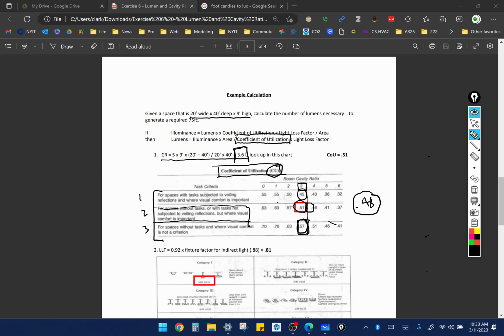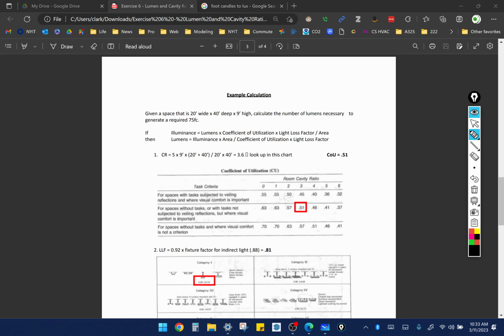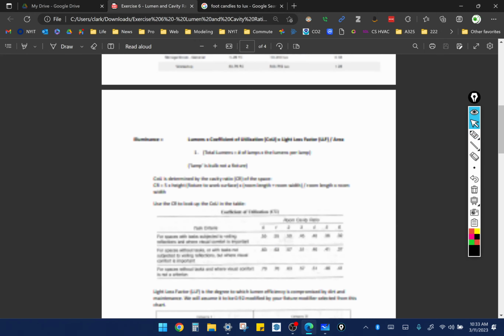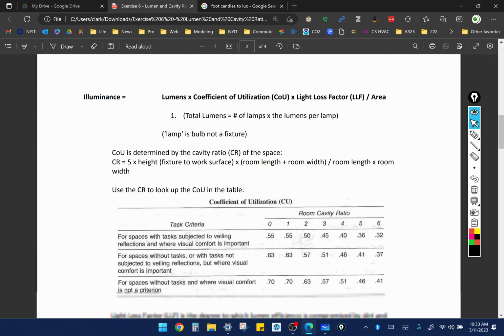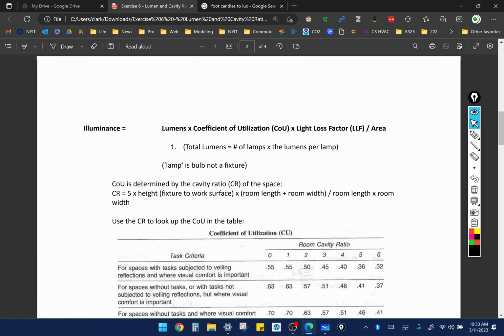Okay? So the point here is, and the reason I'm going through this is because if we didn't cover that, or if you get too bogged down in it, that could be really confusing. But all we're saying is that we're trying to make our lumens to area make more sense. So we're bringing in two different variables.